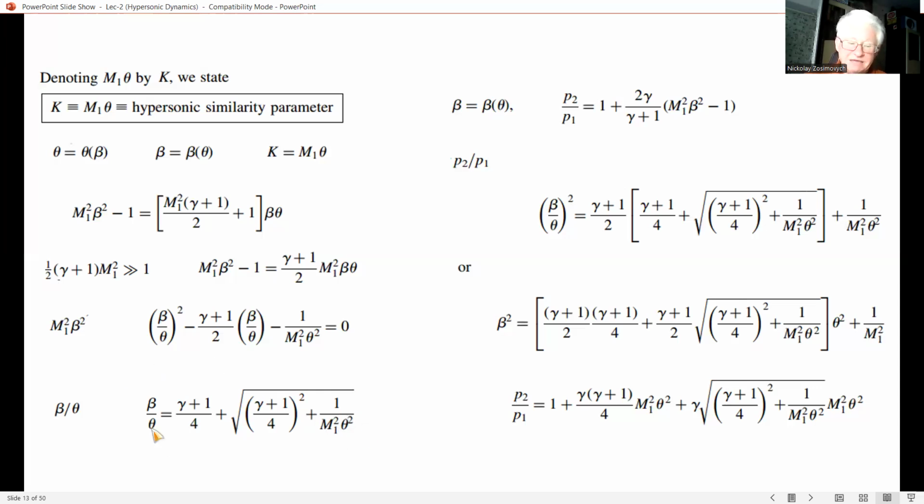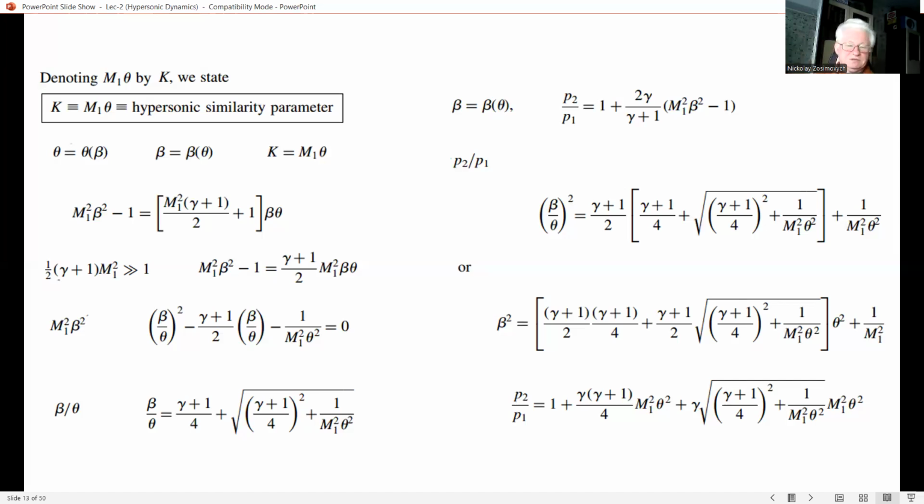In this equation, the minus sign of the radical has been ruled out. It would produce the non-physical result of a negative beta over theta. This is good for the limit of hypersonic Mach numbers and small angles.